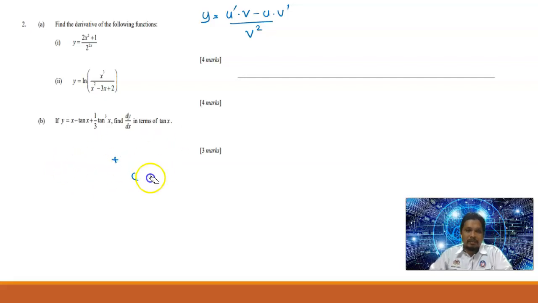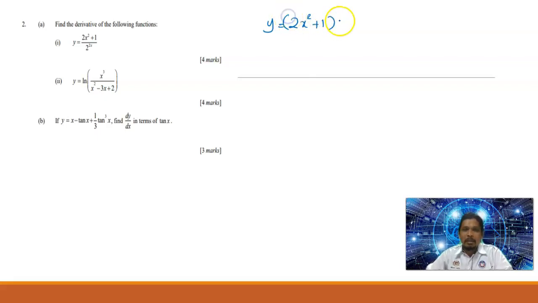Okay, let's say I make it on the right side here. So y equals 2x squared plus 1 multiplied by 2 to the power of negative 2x. Okay, so y prime or dy/dx equals, firstly, we're going to differentiate this, 2x squared plus 1. Differentiating this gives you 4x.